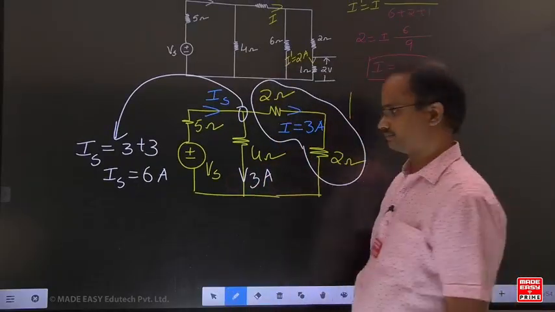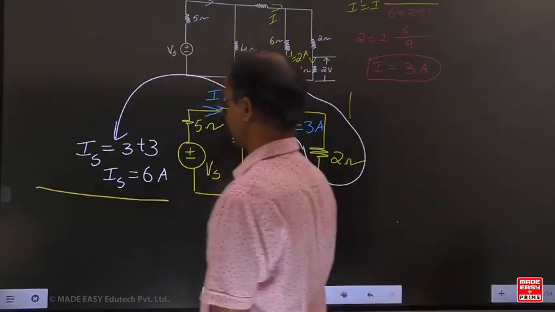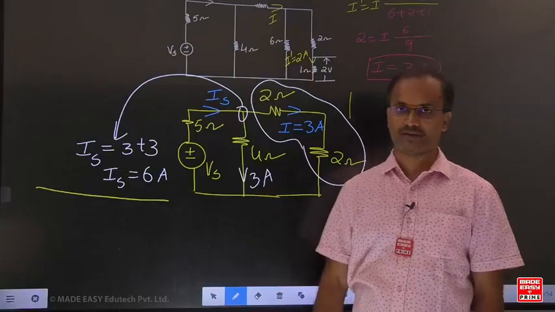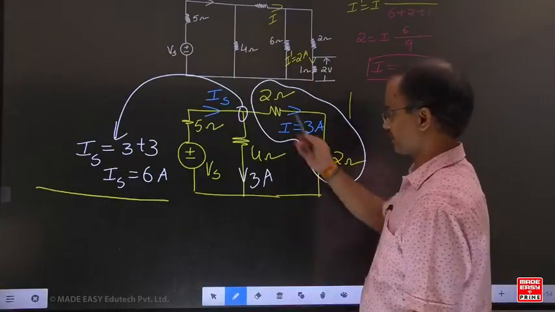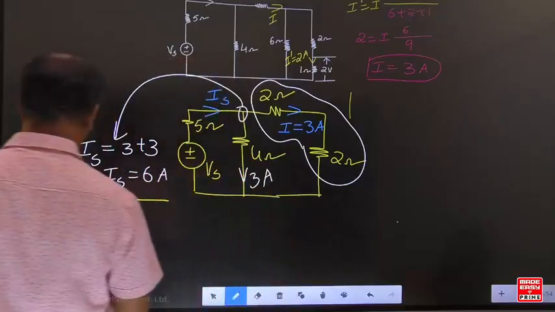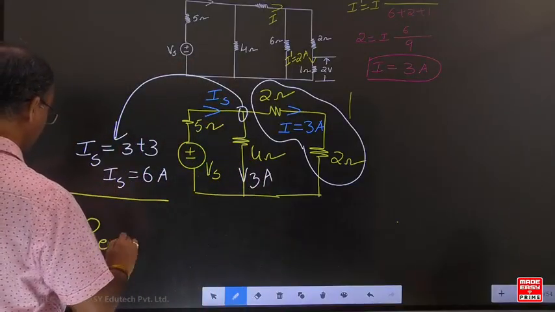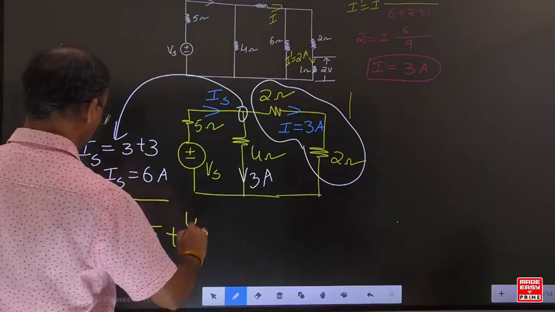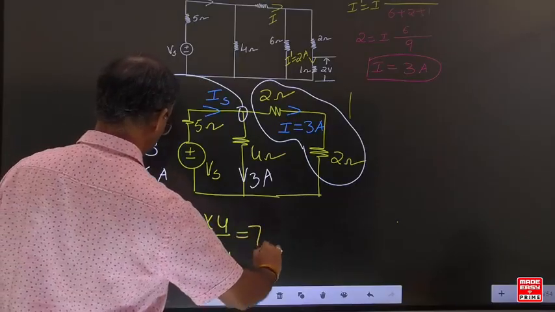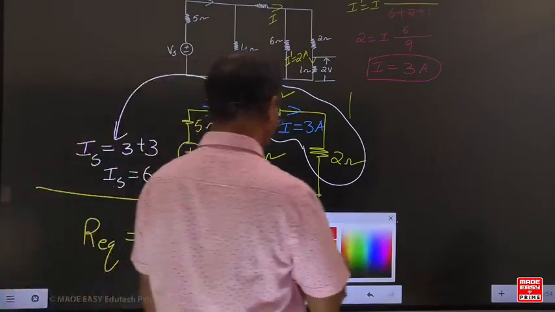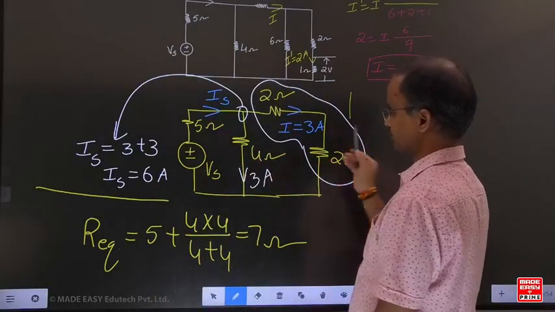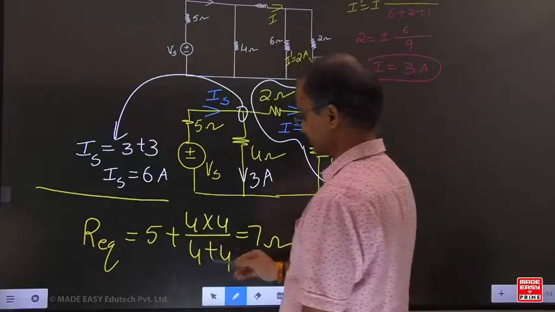Come to the VS. Here also see how these two 4 and 4 are connected in parallel. This entire combination is connected in series with 5. Can you find the equivalent resistance? The equivalent resistance of the two 4s in parallel is 2.